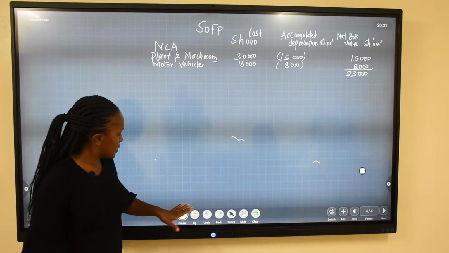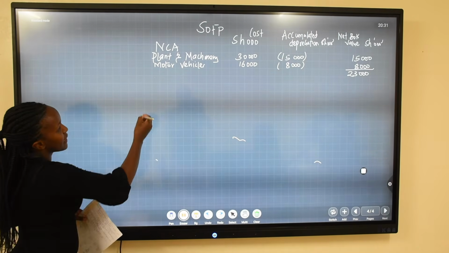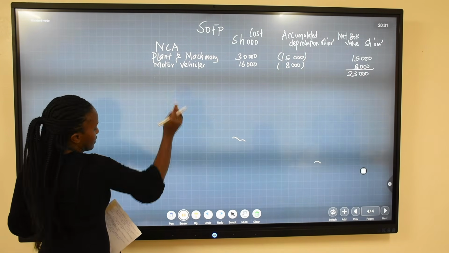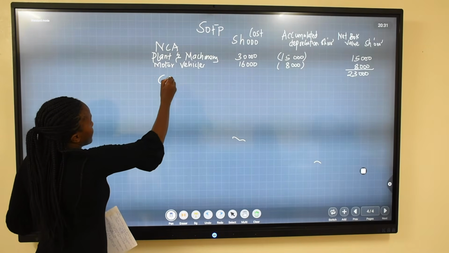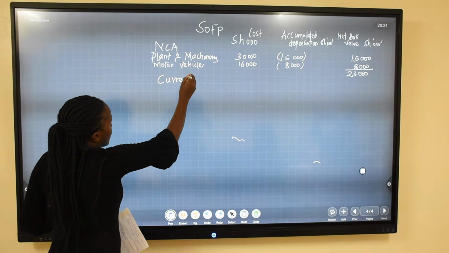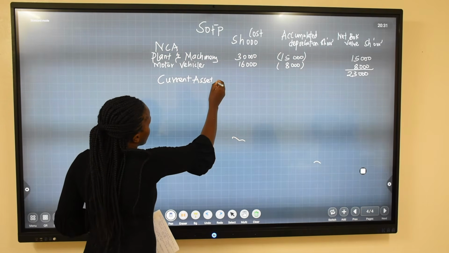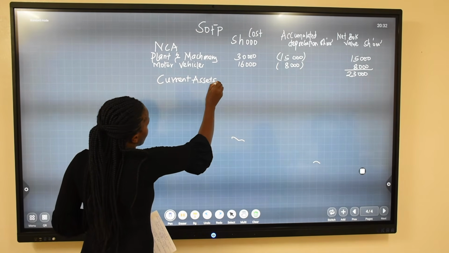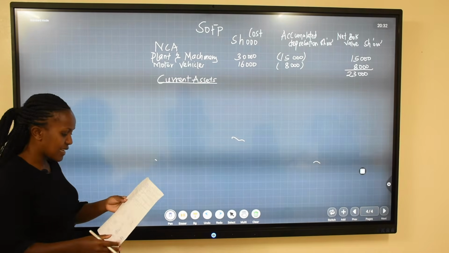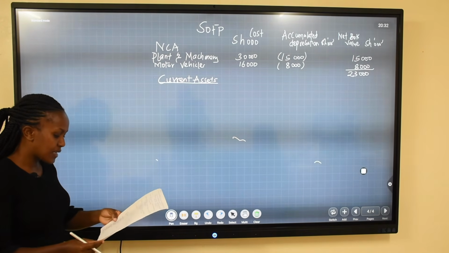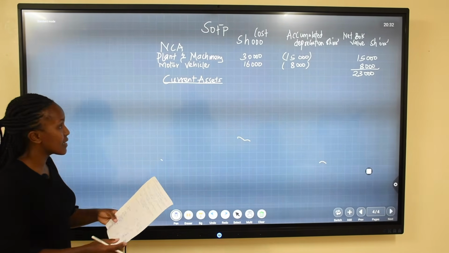then we can proceed to the next thing, which is current assets. Current assets, we said they are consumable or receivable within a period of 1 year, or they are convertible into cash. So current assets in our question, we can start with the bank.